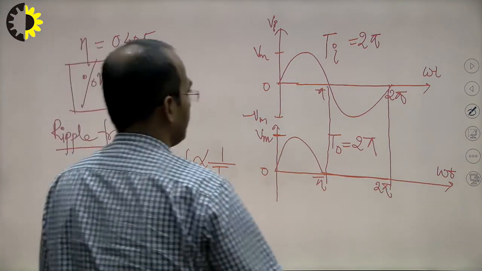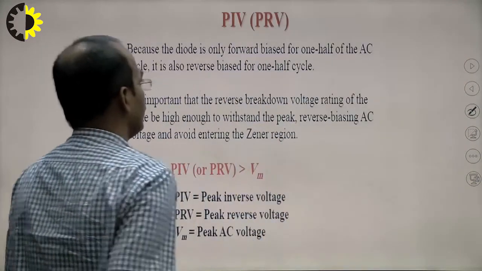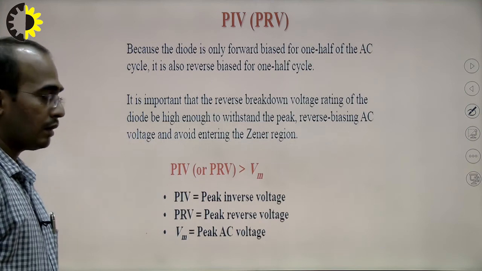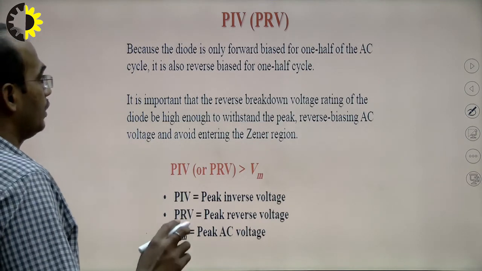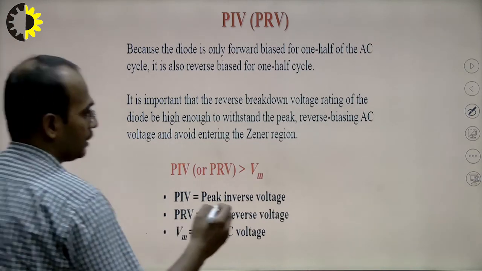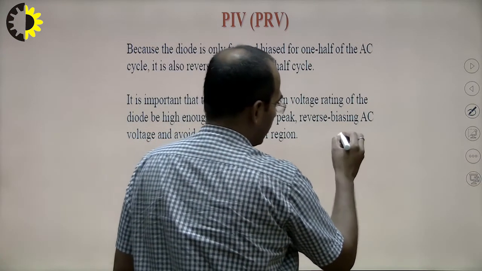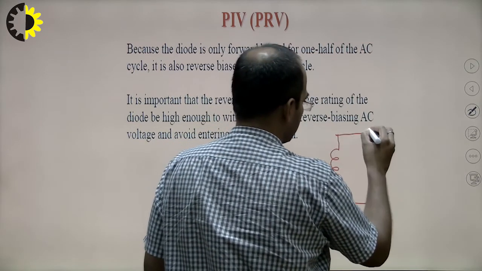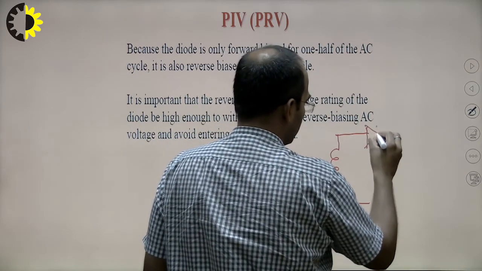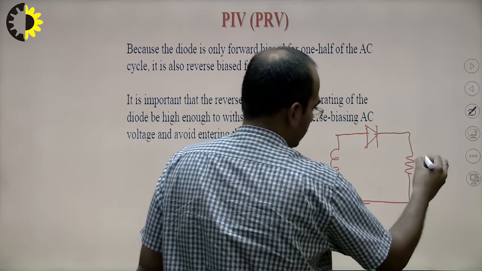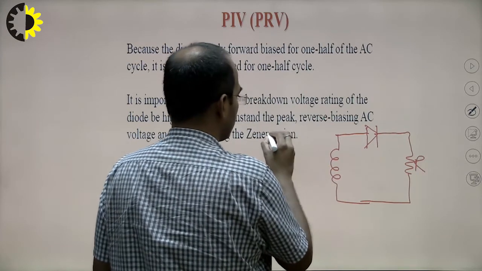Now, the last parameter is peak inverse voltage. Peak inverse voltage is nothing but the maximum voltage across the diode when the diode is in non-conducting state. When the diode is in non-conducting state, the complete circuit of the half wave rectifier is like this.